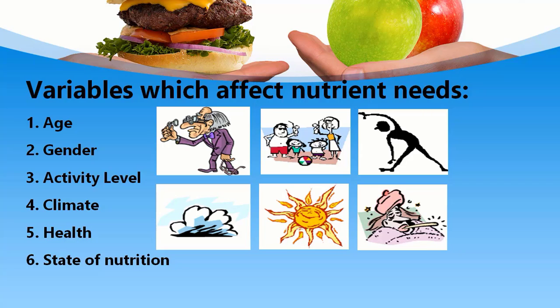So they require a proper diet to sustain their health, and at the same time they will be on medication. To withstand high power medicines, the food intake and the nutrition value required will be different. That's why, depending upon these variable factors, the nutrition intake will be different.